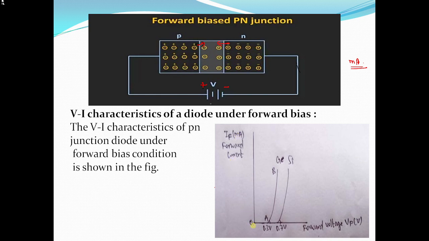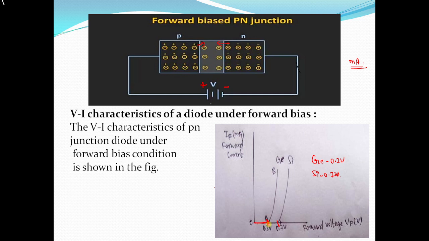Now, up to the threshold voltage, what is the threshold voltage? It means the junction voltage. What is the junction voltage for germanium? Junction voltage for germanium is 0.3 volts and junction voltage for silicon is 0.7 volts. Up to this voltage the forward current is 0.